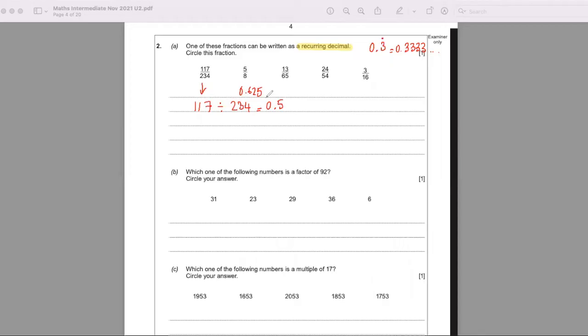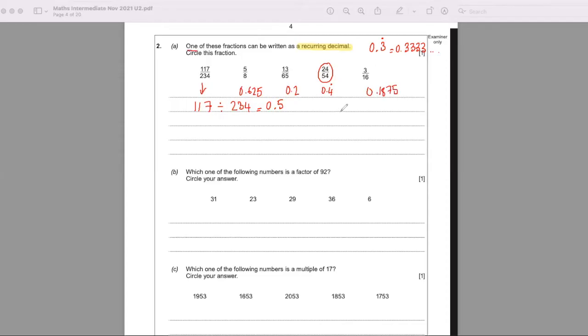So those are terminating decimals, they're not recurring decimals. 13 divided by 65, S-D, 0.2. 24 divided by 54, press enter, press S-D, you get 0.4 with the dot on top. So you know this is actually a recurring decimal. 3 divided by 16 and then S-D, 0.1875. There should be only one correct answer because they say one of these fractions.